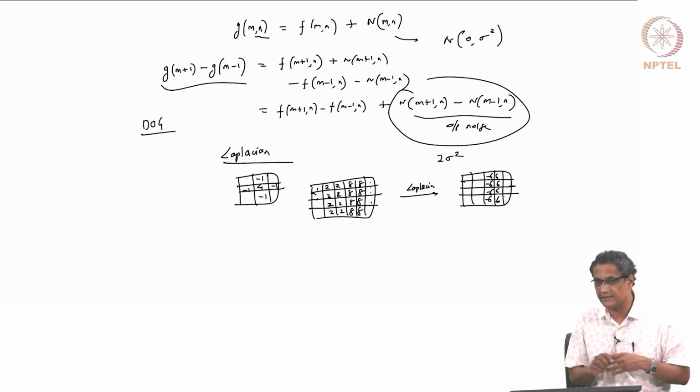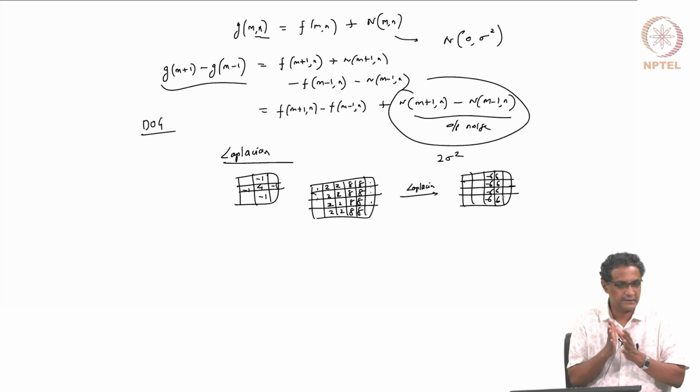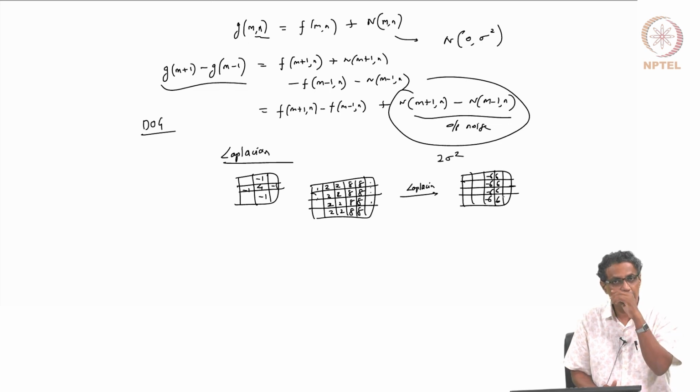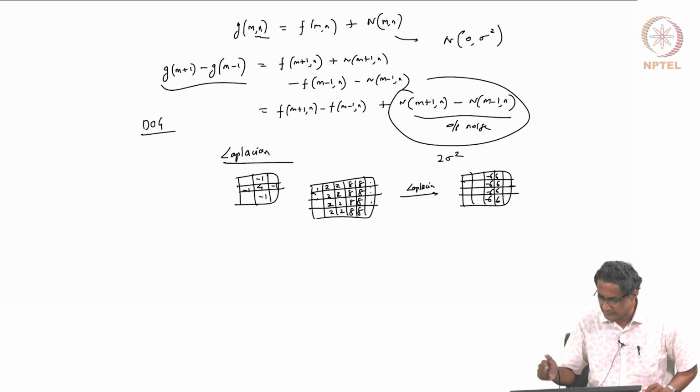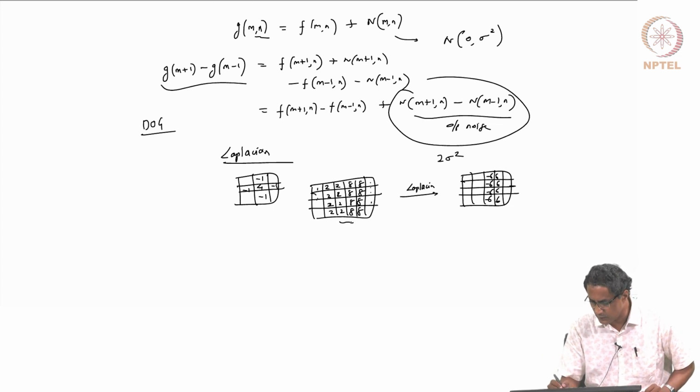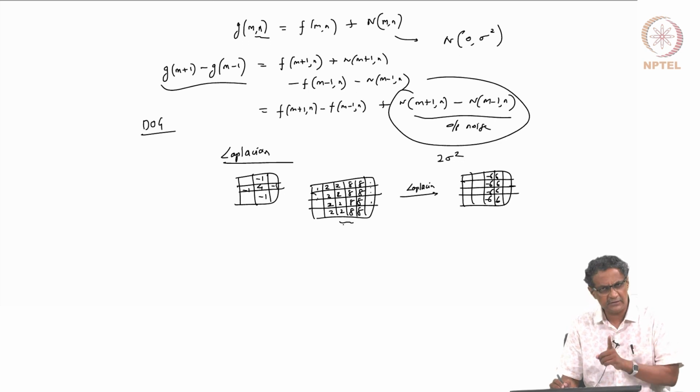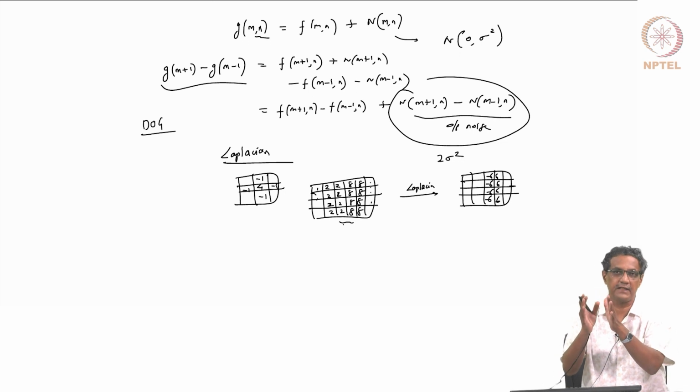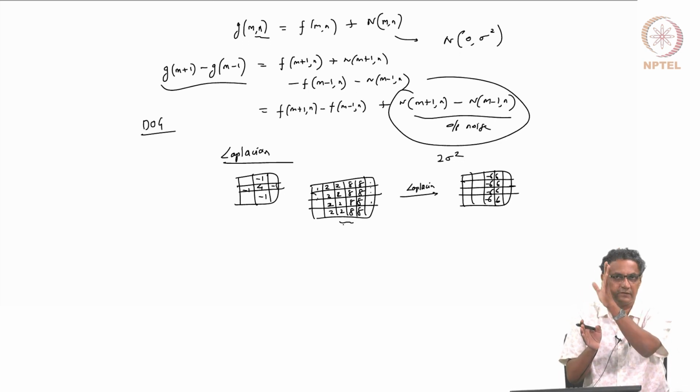Now I said that a Laplacian gives you a sense of zero crossing, and zero crossing is the place where you can locate an edge. The point is, when you talk about an edge, it's not simply to identify the edge. It's also important to have just one response for an edge. I should not find a thick edge there, because there is only one edge and it's sharp.